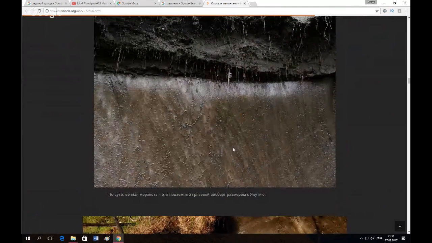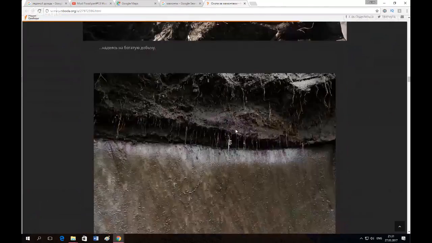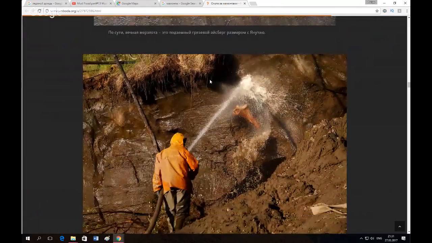This is complete ice here. So somewhere where you can see this ice, this is muddy ice, as I was saying, it could have been produced by the so-called mud flood.